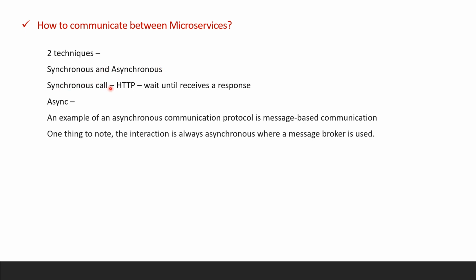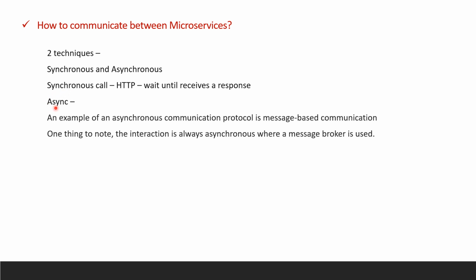Take a synchronous call like an HTTP call: we hit the request and wait for the response. Until we receive a response, we do not move forward or do any action. We wait, we get the response, then move to the next step. That is a synchronous call.